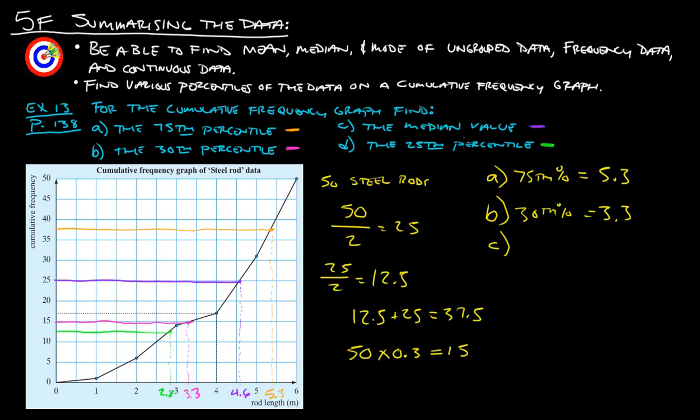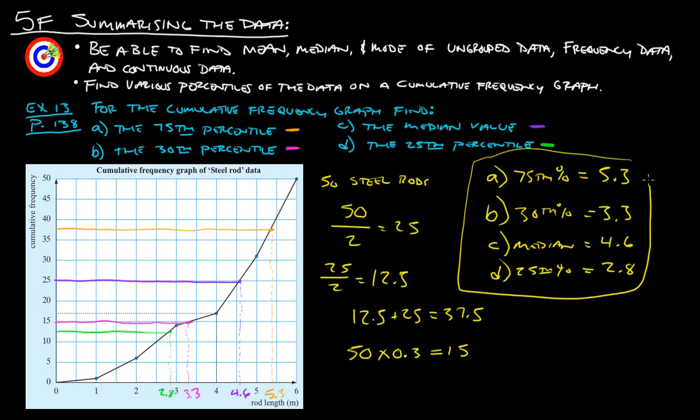That's our pink one right here, which is 3.3. The median value was our purple one, which is 25, which goes to about 4.6. And then our 25th percentile was our 12.5, which is the green one, which is 2.8.